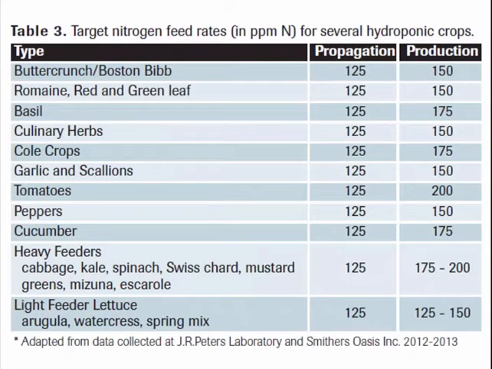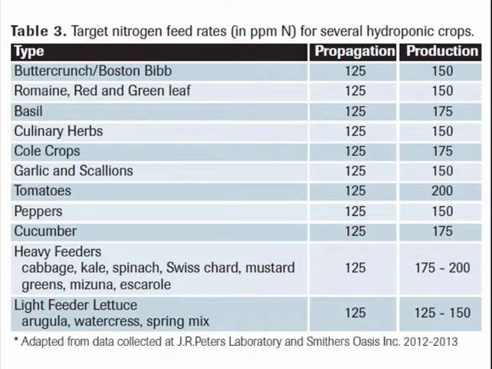This was some work that came about from the Peters Laboratory in collaboration with Smithers Oasis, and they looked at several different hydroponic crops and optimized nitrogen feed rates according to whether you were in that propagation stage or in that transplanting and production stage.